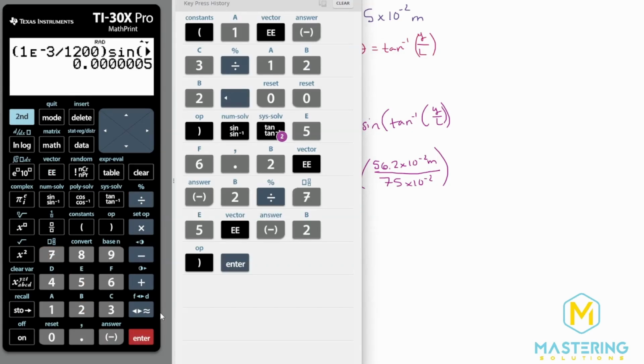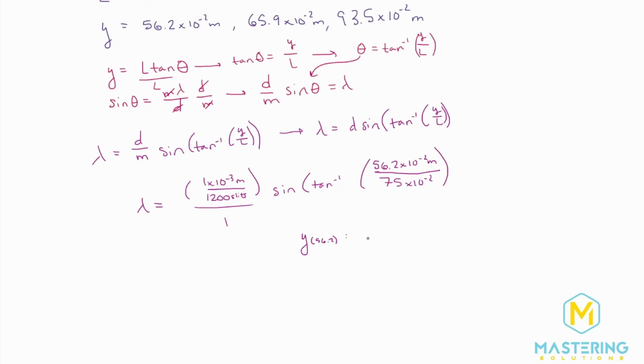So our first answer is going to be 500 nanometers. So the first wavelength is 500 nanometers. That's kind of a greenish color.